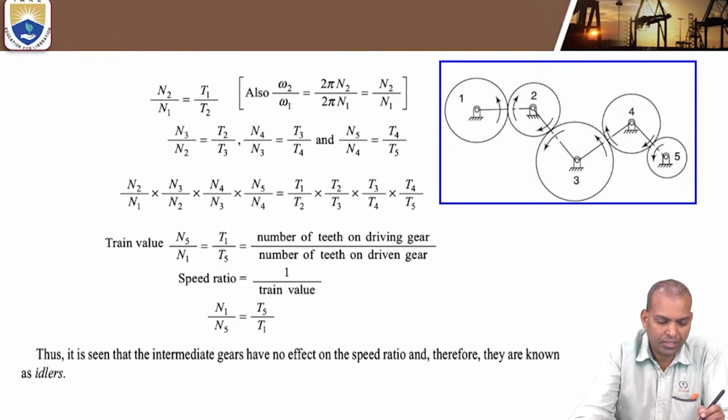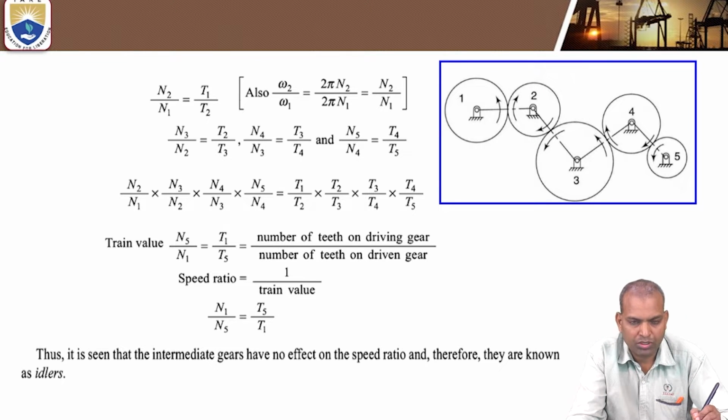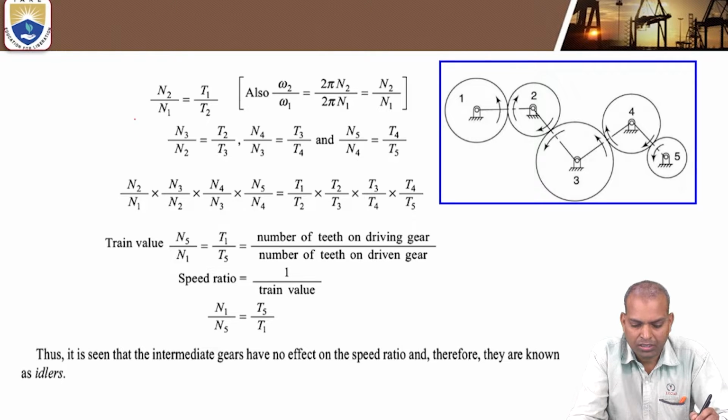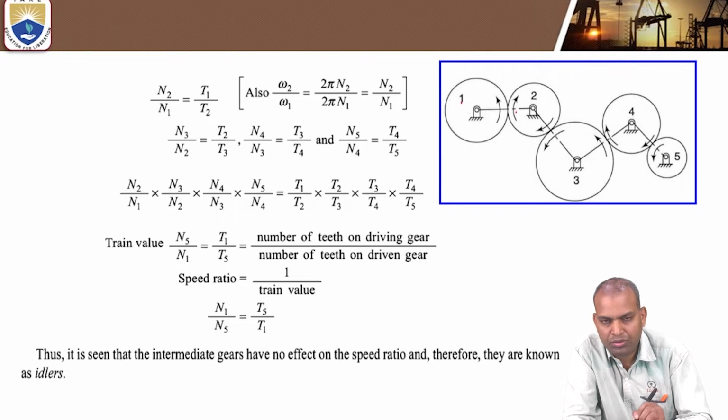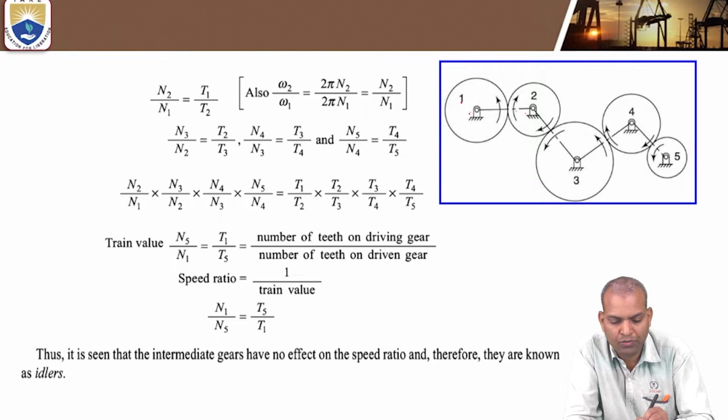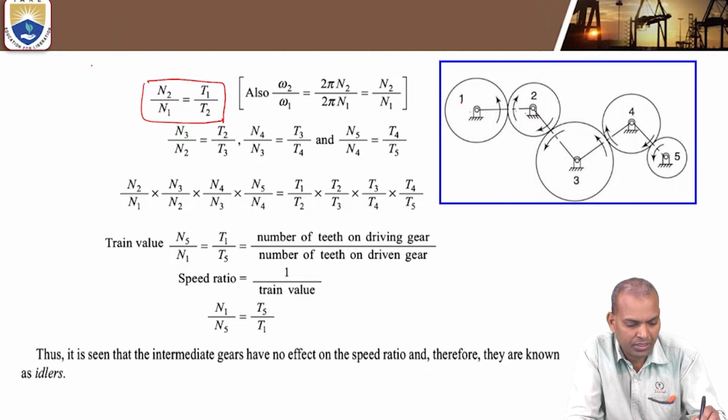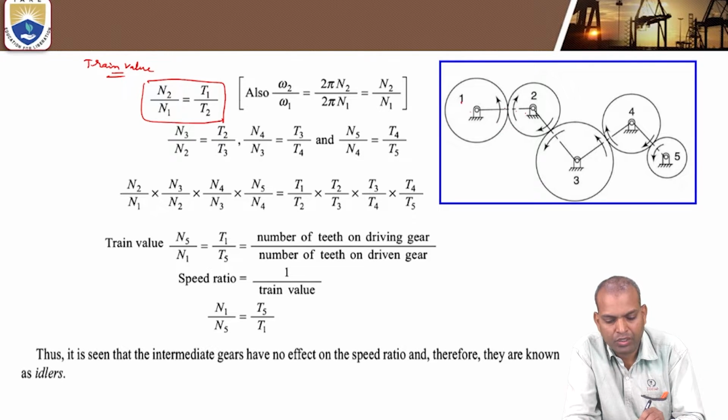Now if you want to find the train value or the speed ratios, we follow the train value. Consider gears 1 and 2, that is N2 by N1 equal to T1 by T2. That is the train value from 1 and 2.